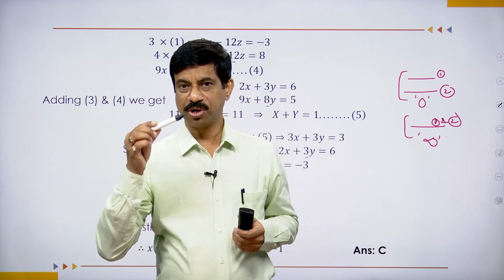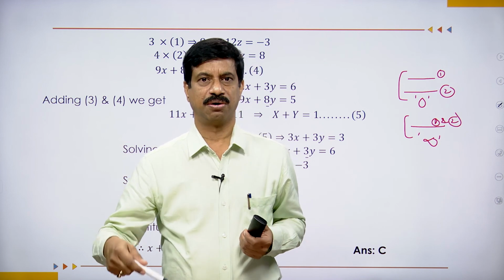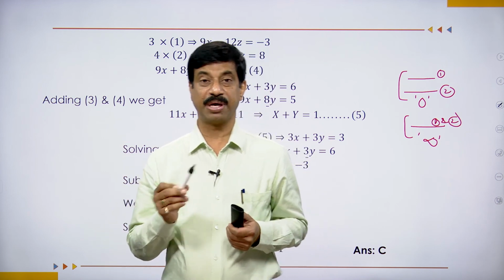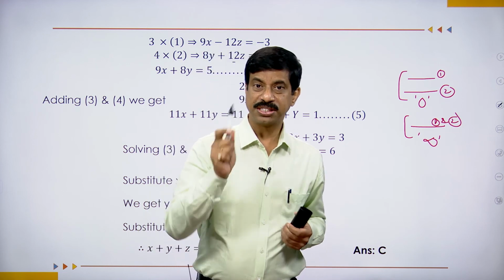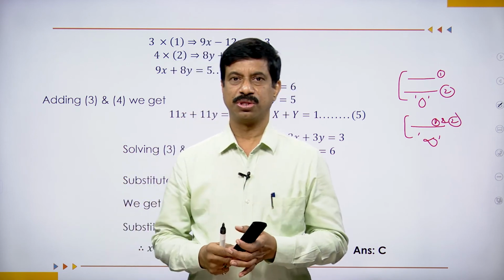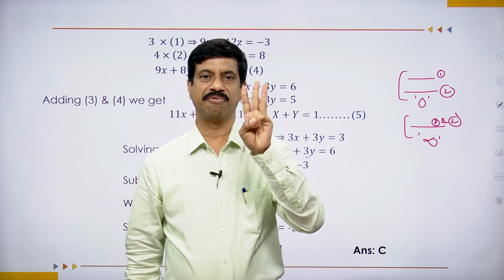You should be able to identify a case where using a formula becomes simple and where it becomes complicated. Based on that, you should decide whether to use a formula or not. You will know this by practice. These are the three techniques I will be using more in solving problems.